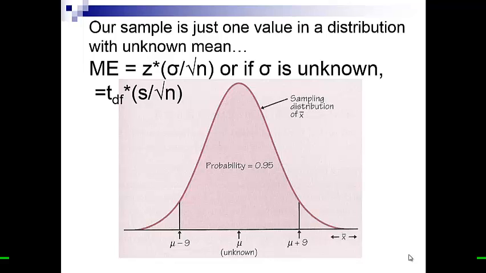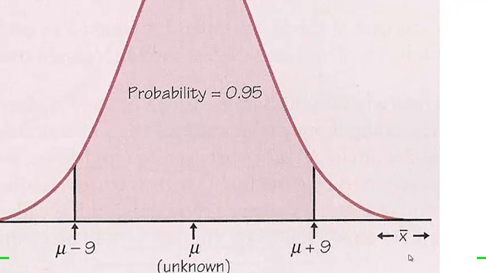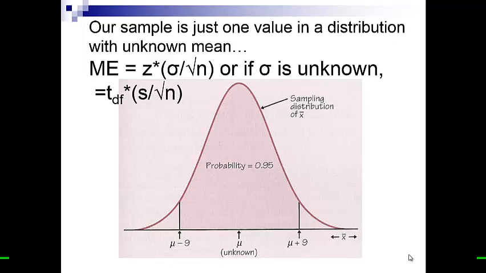So if your level gets smaller, your margin of error is also getting smaller. Here on my picture, I have a margin of error of plus or minus 9 on either side. And of course if I made that margin of error 8, it would move in, and my confidence level of 95 would move in.